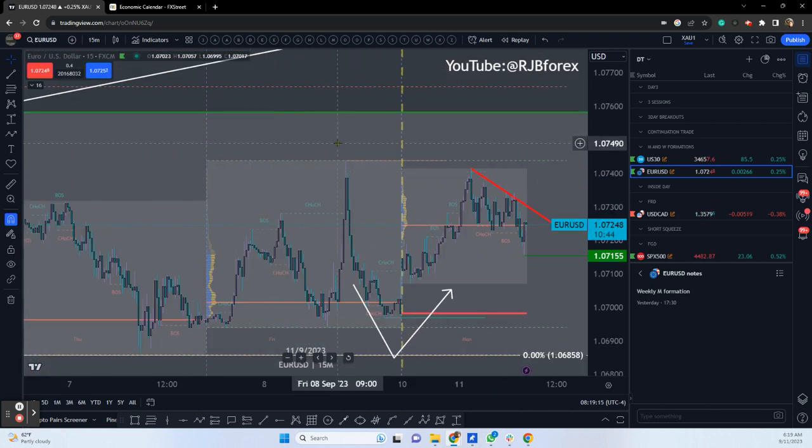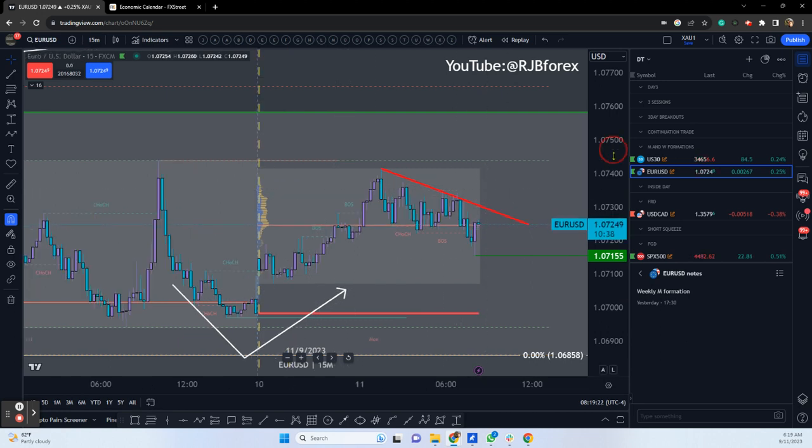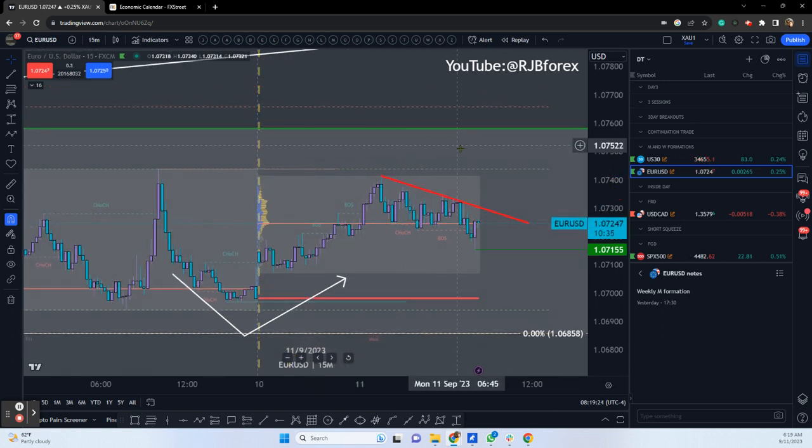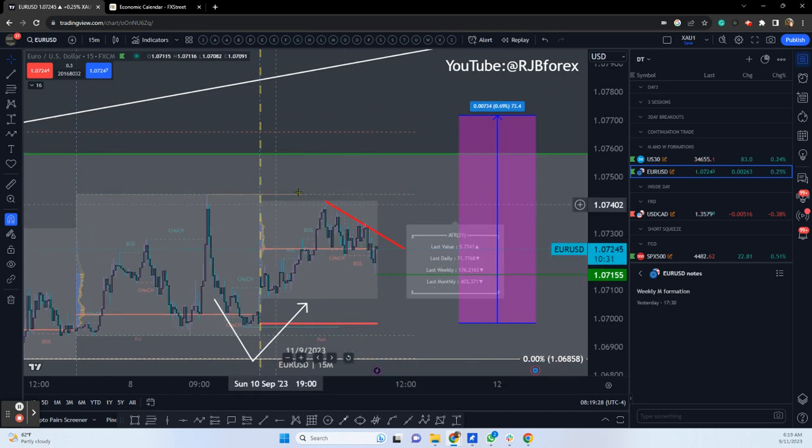Now, the thing with the euro is that it's still on the front side of this bearish trend. Unfortunately, if we're going to be breaking that trend at this point, it's pretty high up within the day to be entering the euro.